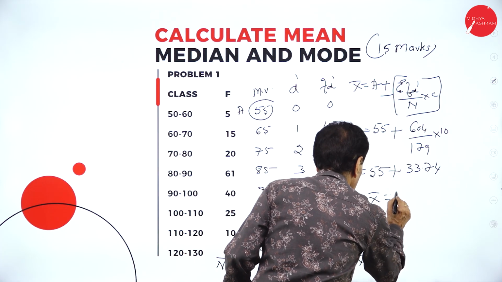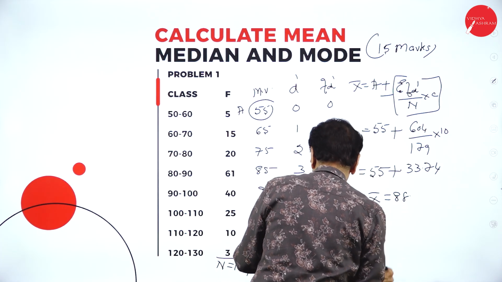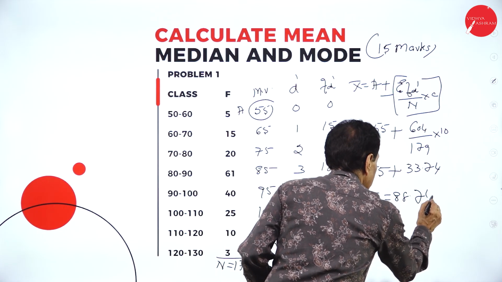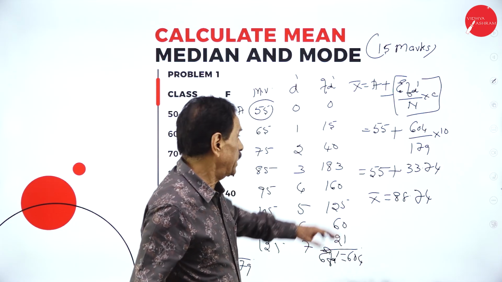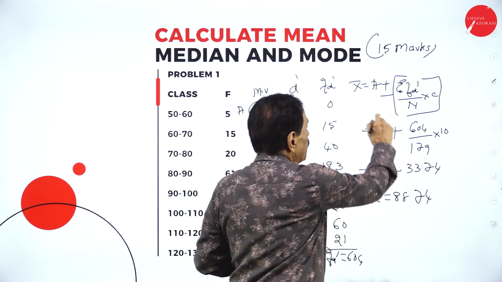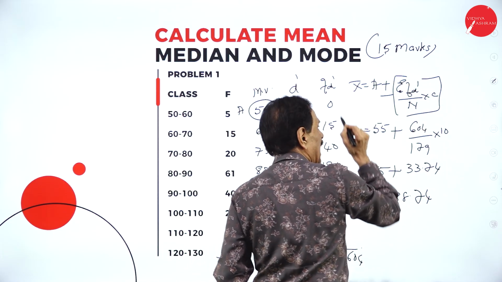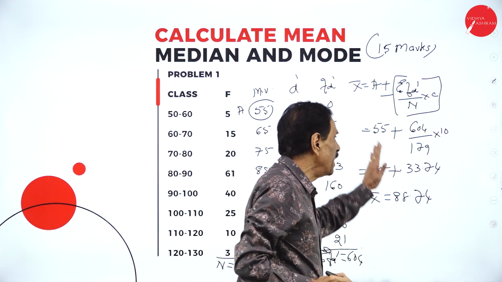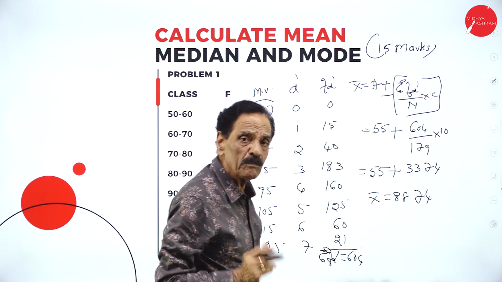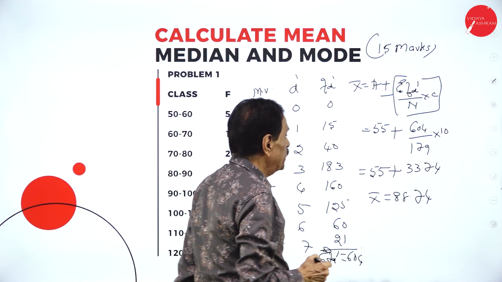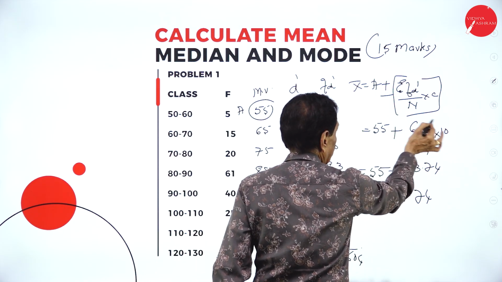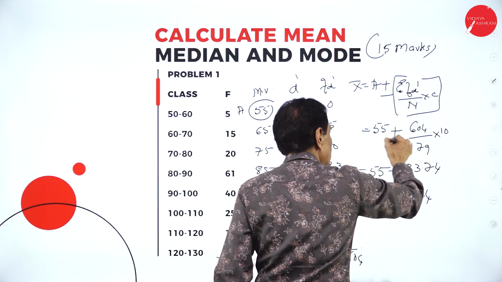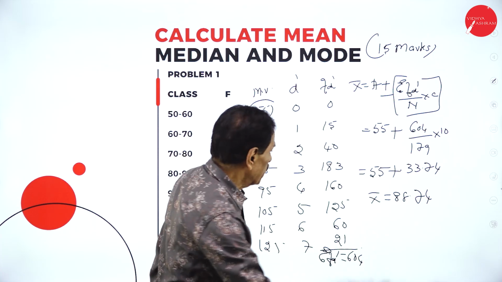Mean is equal to 88.74. So this A is a constant. Don't touch this. Simplify this one and then add. A is a constant separately. You simplify all these things, then only you must add. Don't strike off anything like this. Simplify and add. So we have found the mean.